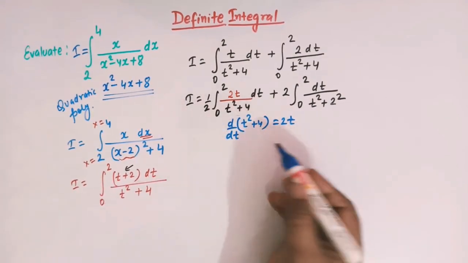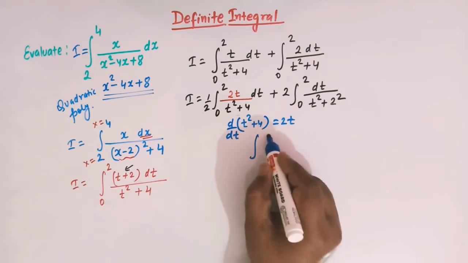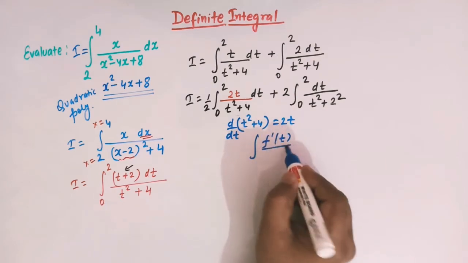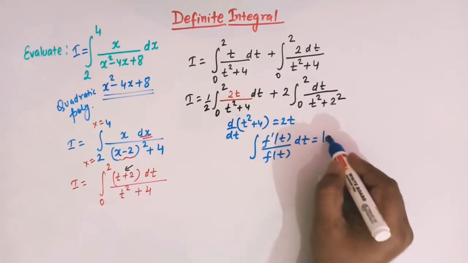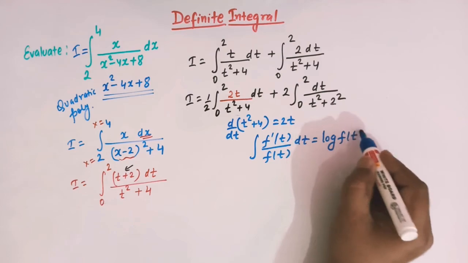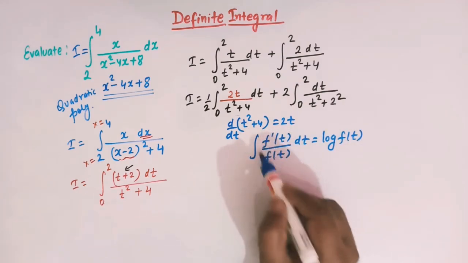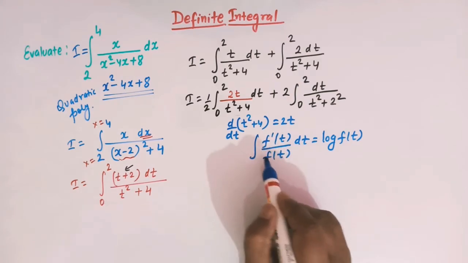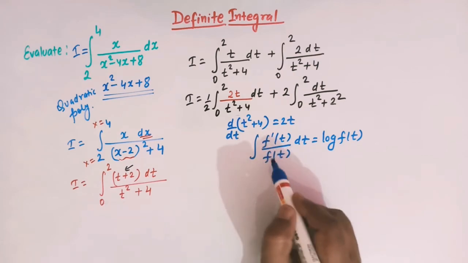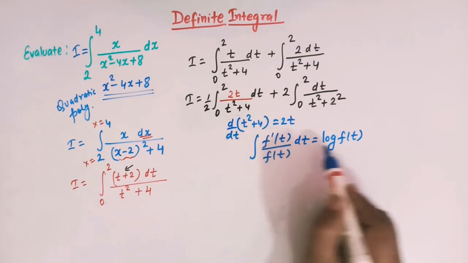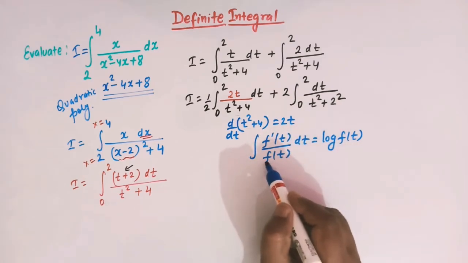And we know from indefinite integrals that the integral of f prime of t over f of t dt is equal to log of f of t, because whenever in the denominator we have a function and in the numerator we have the derivative of that function, then we can directly write the integral as log of this function.